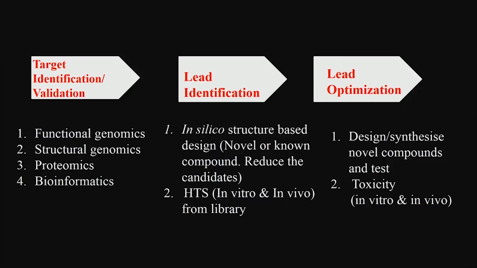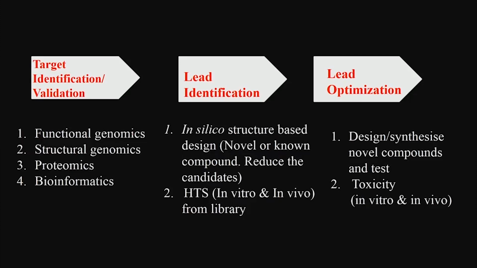So, I need to purify the protein, I need to get the structural details, 3D structure details of the protein, I need to get the active site details. I need to do all these. That is what target identification and validation actually means.